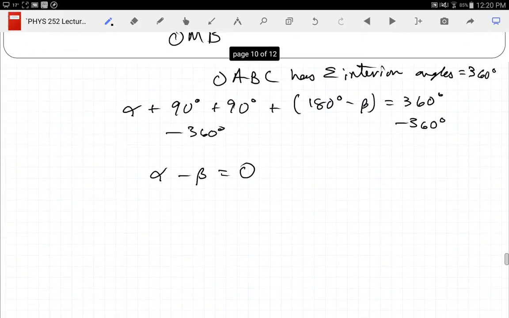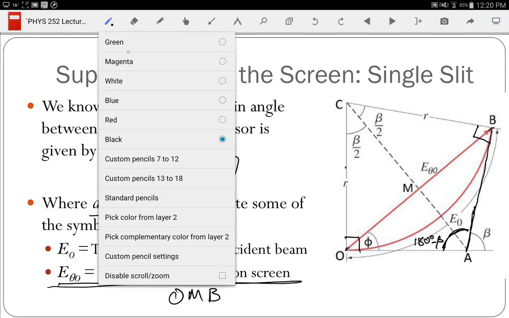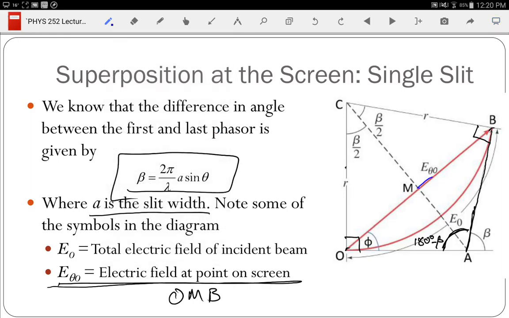Now that we're at this payoff moment, let's look at the relationship between R and E theta 0. How can I relate R and E theta 0? Okay, I can make myself a little right triangle here. And what is the opposite side for that right triangle?